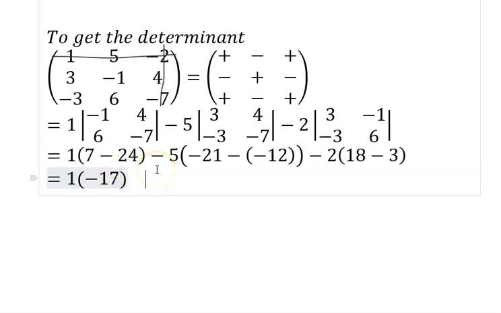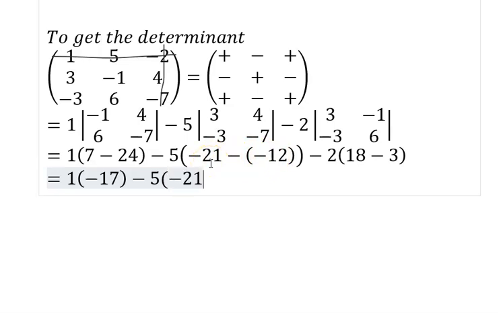So we have 1 into minus 17. We have our minus 5 outside here. So we have minus 21 plus 12. That's what we have, because this minus times minus will give us plus. Let's do it one after the other to not get ourselves confused.